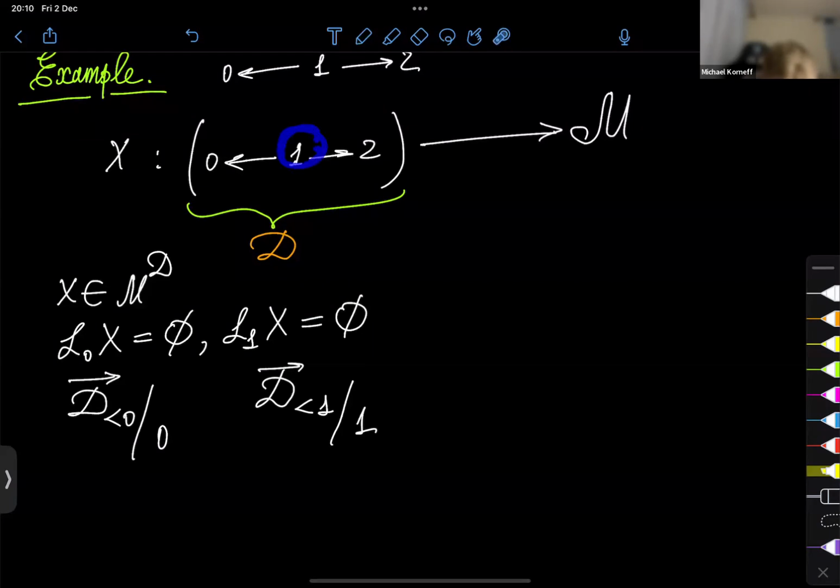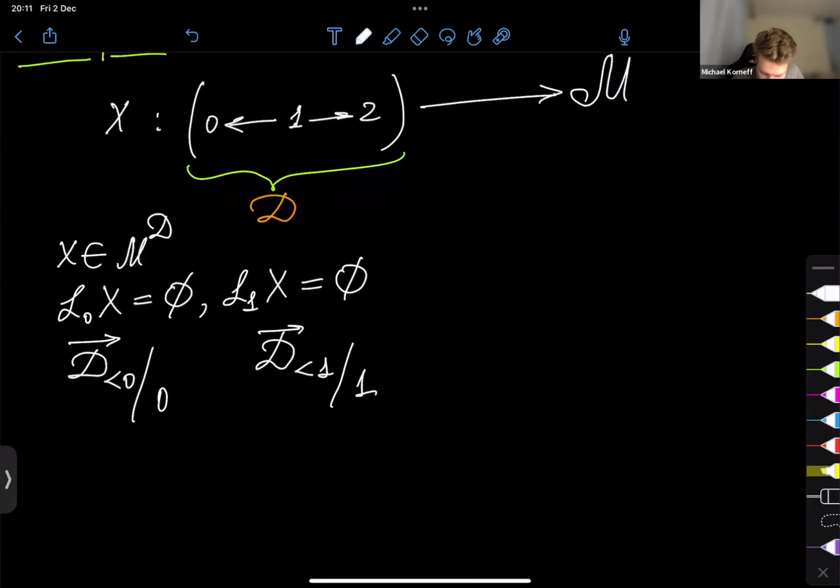We see that there are only arrows which map from the object 1 to another object. Okay, and as these categories are empty, we can conclude that this holds. And what is the second latching object of X?